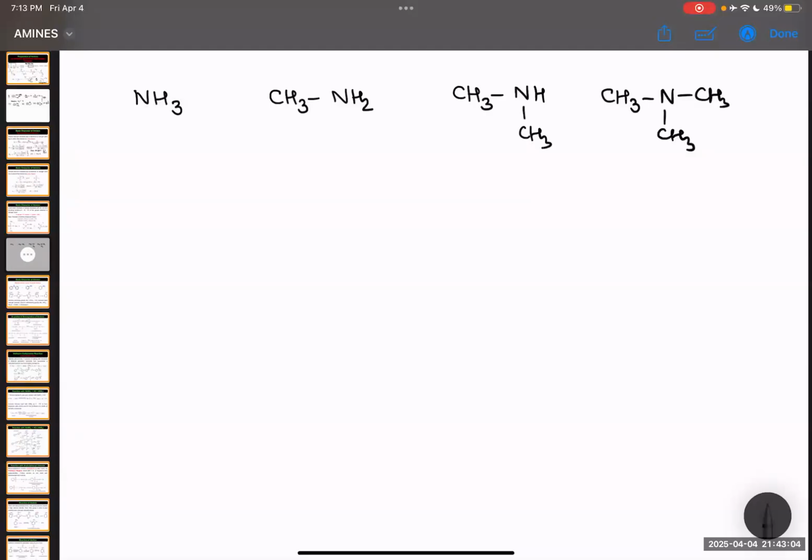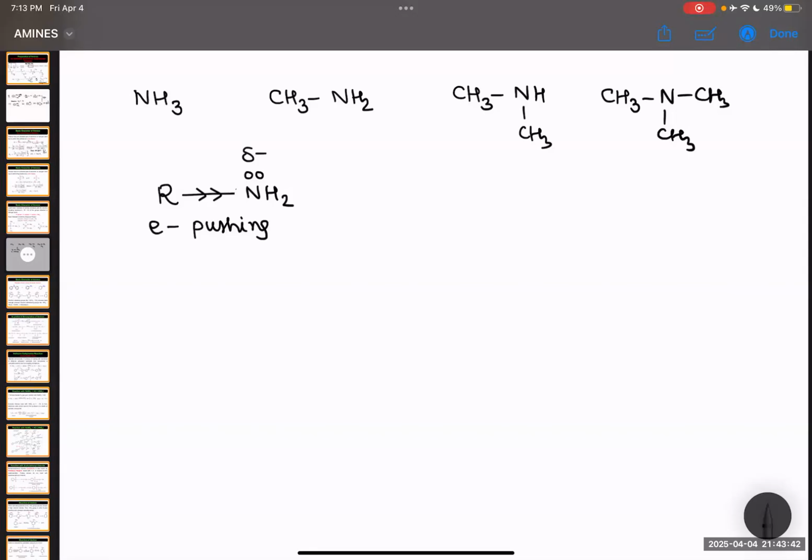So basic strength increases with the electron donating power of the group. Why? Suppose you have an alkyl group, that alkyl group is electron donating. Electron pushing group. So it is going to make the nitrogen more negative because it is pushing the electron towards the nitrogen more.